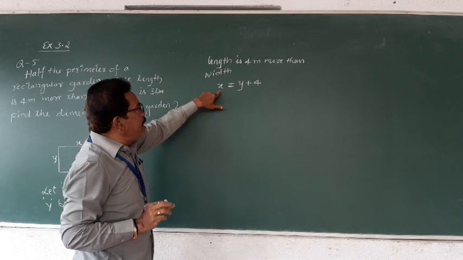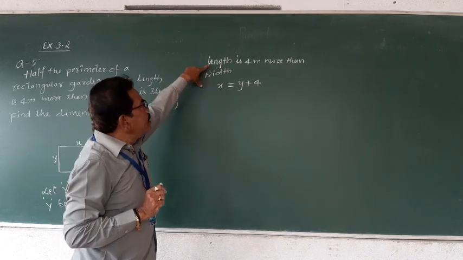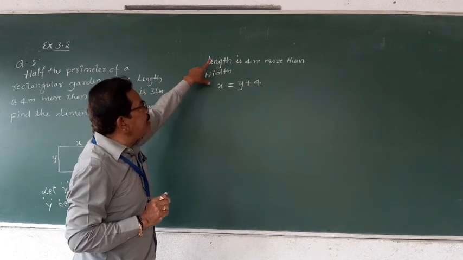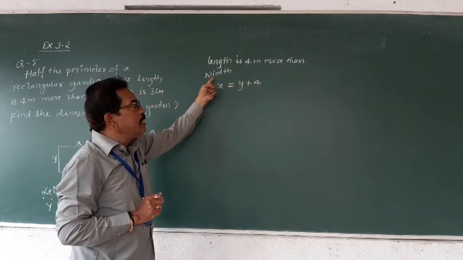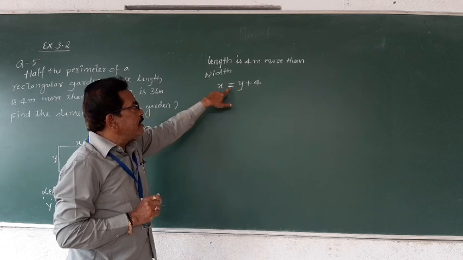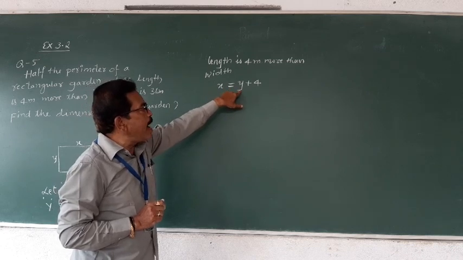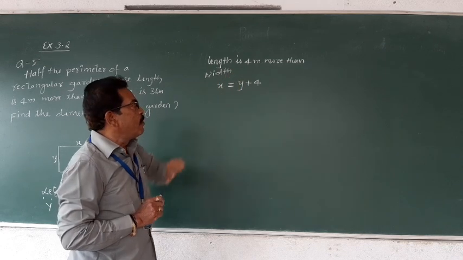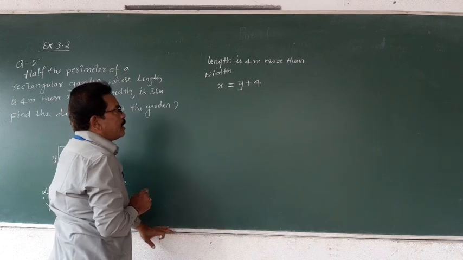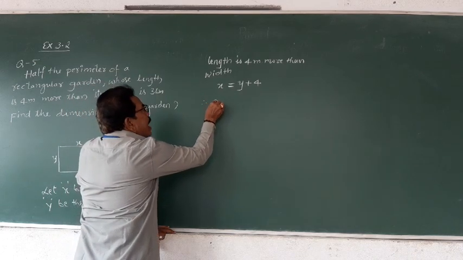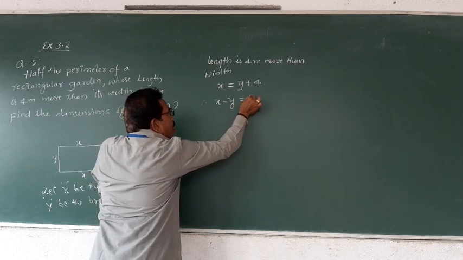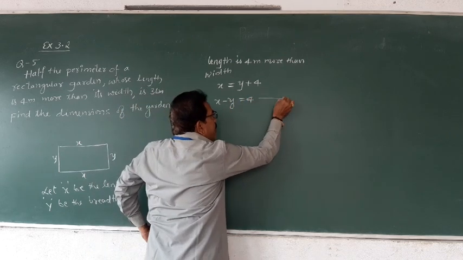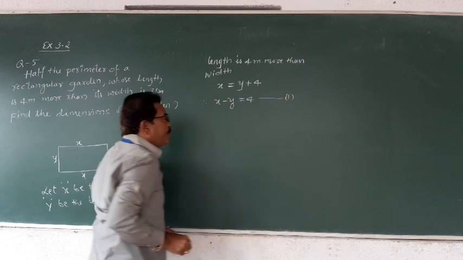This is the mathematical statement of the verbal statement: the length is 4 meter more than its width. So x minus y equals 4. This one is the first equation.